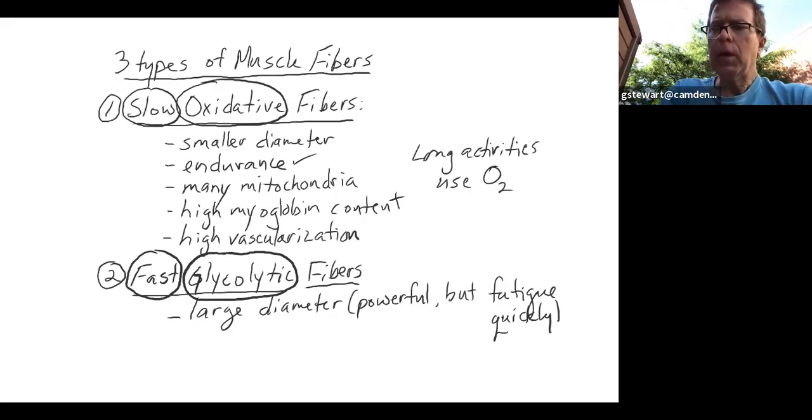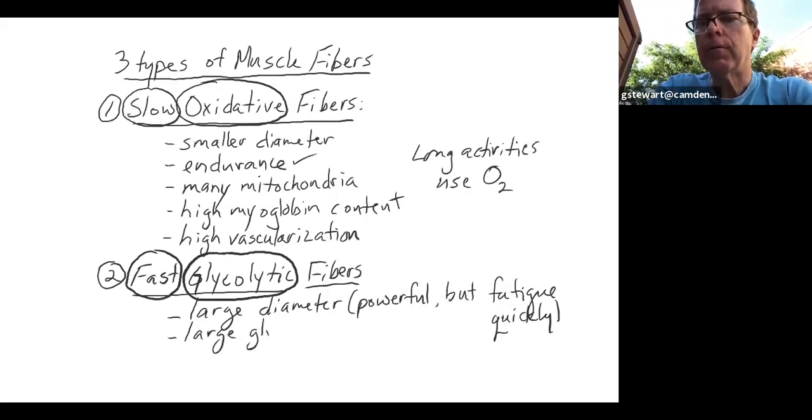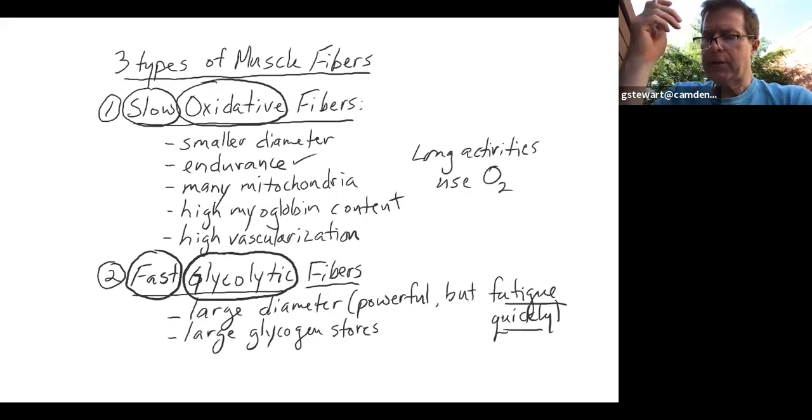Okay. They have very large glycogen stores. That means they store a lot of sugar for the process of glycolysis. They fatigue quickly. That's a characteristic that I already mentioned.